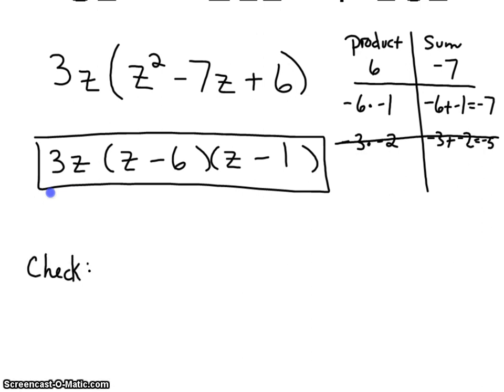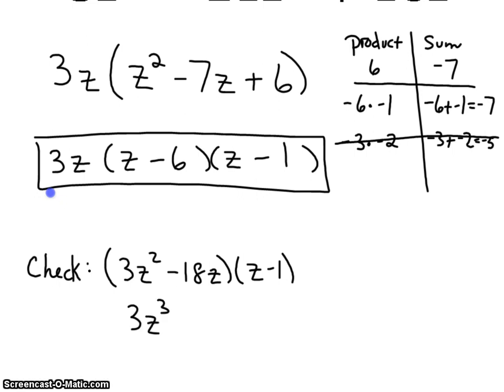So let's start checking by distributing the 3z first. 3z times z, 3z squared. 3z times negative 6, negative 18z. Now bring down the z minus 1. Let's use FOIL and see what happens here. 3z squared times z, 3z cubed. 3z squared times negative 1, minus 3z squared.